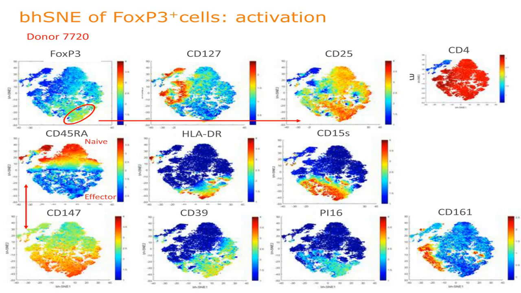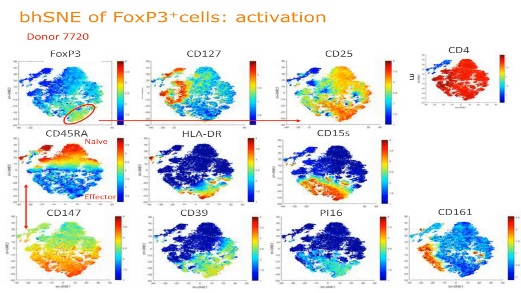And then we can look at how that expression correlates with CD147. Now you remember from our original panel building exercise where we looked at co-expression, CD45RA co-expressed with CD147.